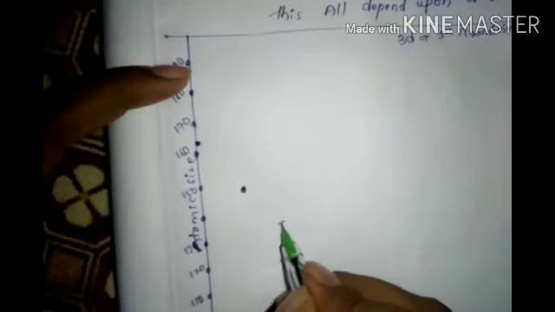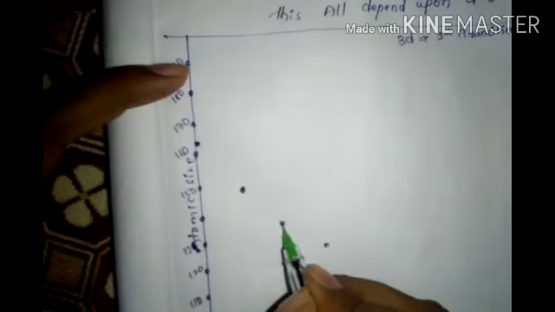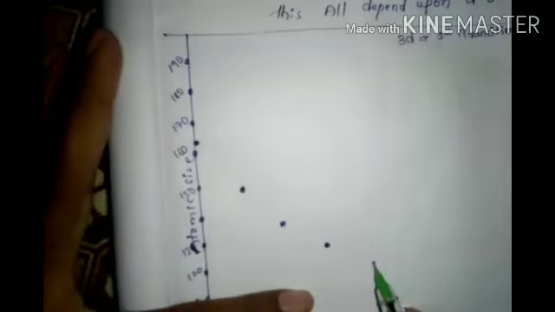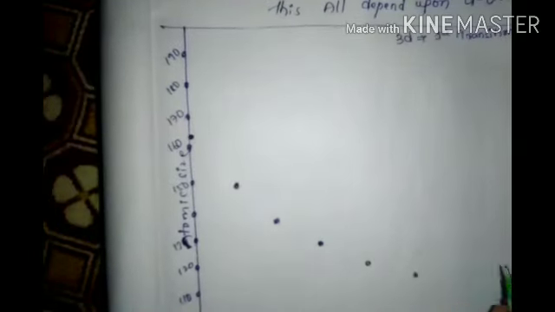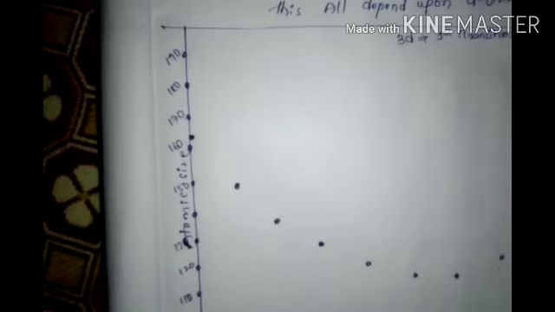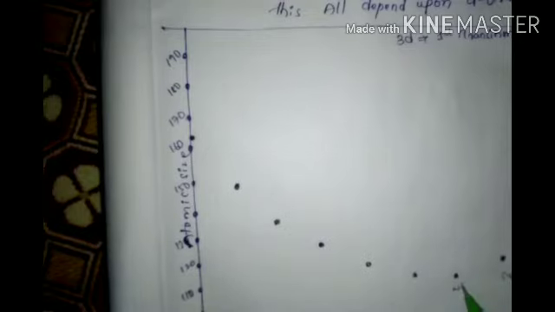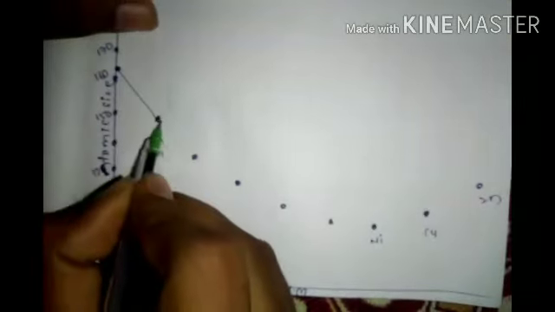First one, second one, third one, fourth one, fifth one, sixth one, seventh one. Now hereafter slightly increases. Copper, zinc, nickel. Look at the graph, 162 to 147.